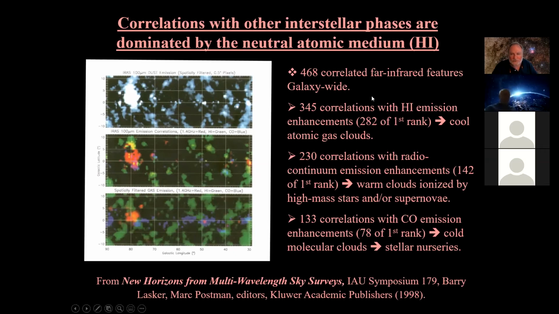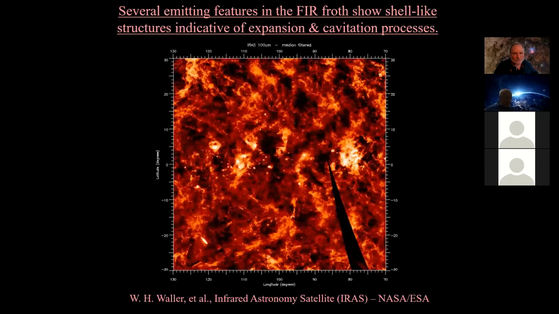So we saw a whole bunch of correlations, most with the H I. So the froth seems to be best associated with cool atomic gas clouds, but there's also strong correlations with these radio continuum emission enhancements. And so that's where the froth basically gets into warm clouds ionized by high mass stars and possibly supernovae. And then finally, several correlations with the CO emission, which traces the molecular clouds. So that's basically what we found.